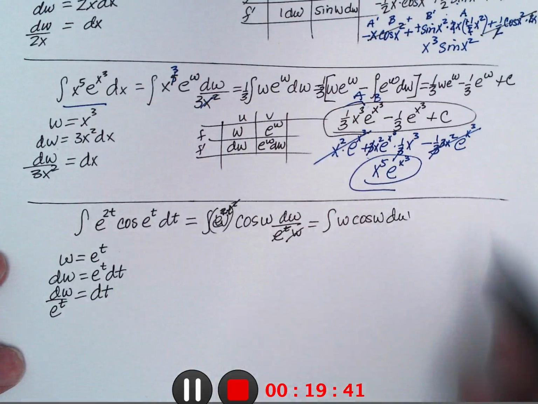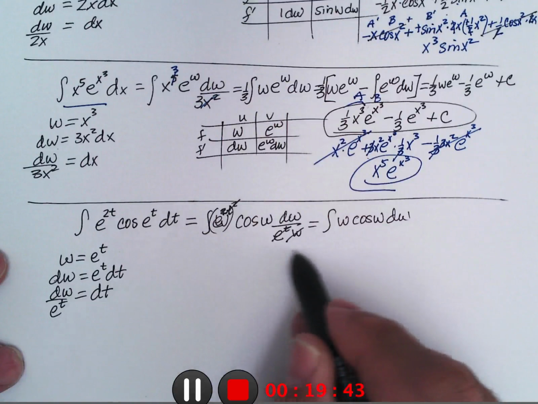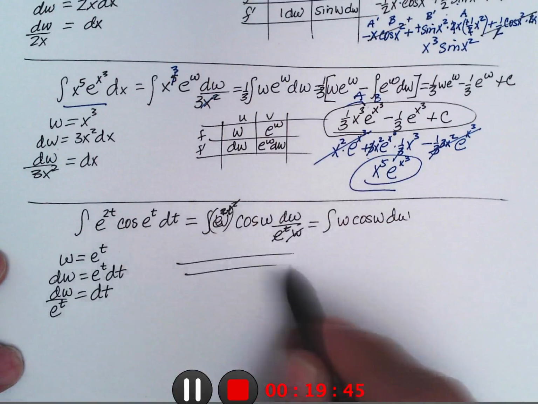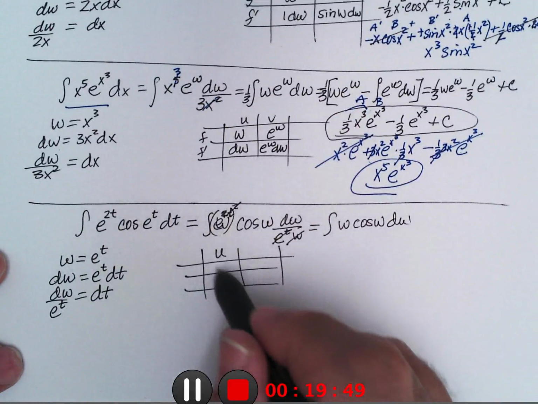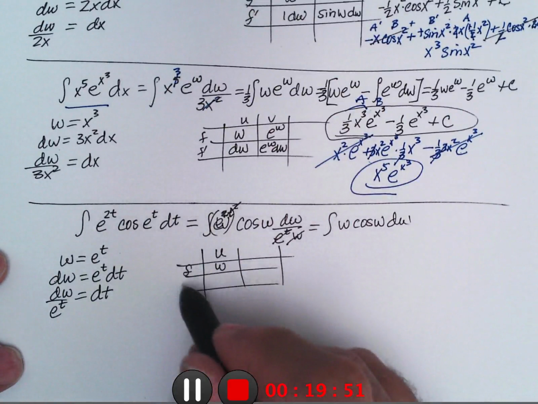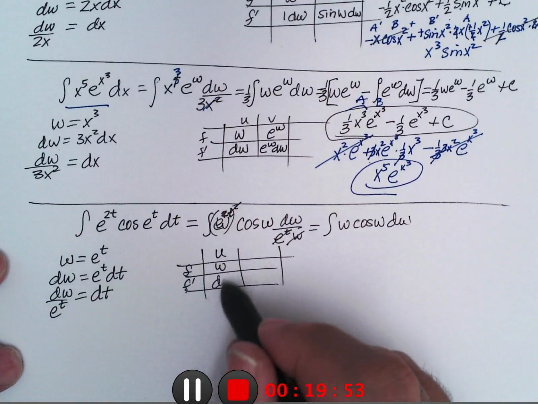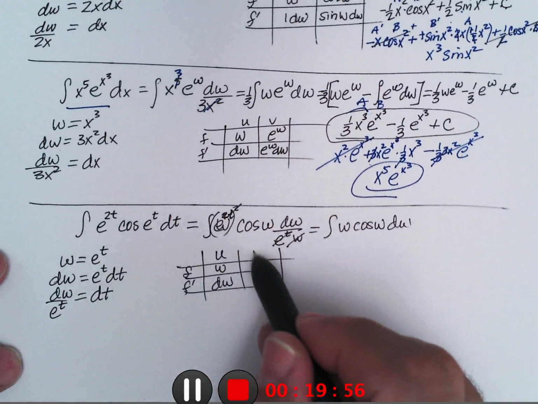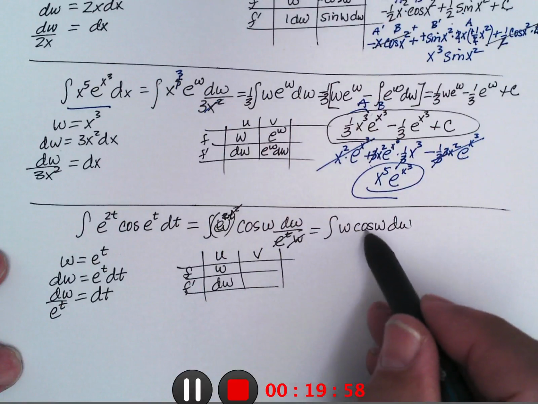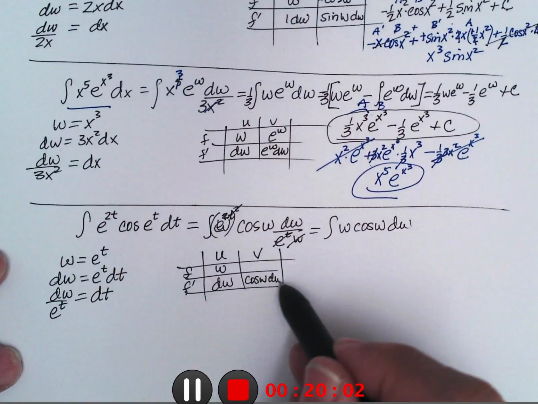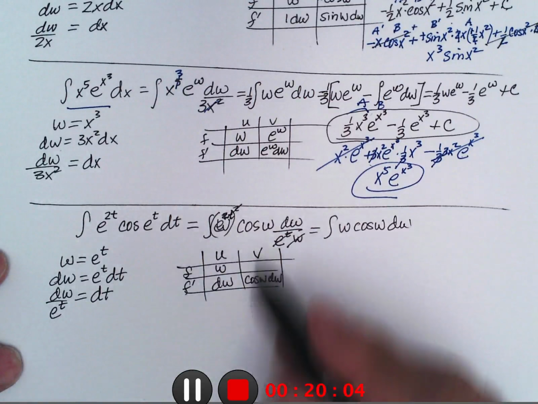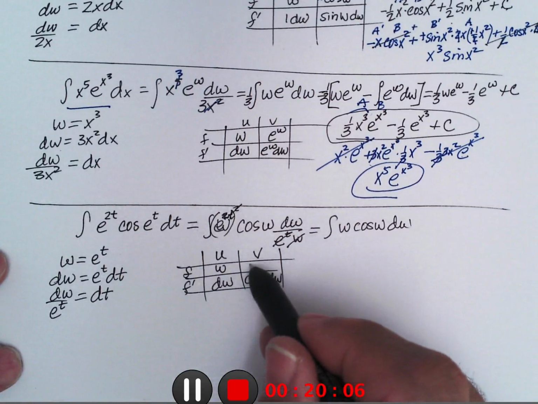And then doing by parts on this, I'm going to let the u be w. So its derivative is dw, and v prime to be cosine w dw. So its antiderivative is sine of w.